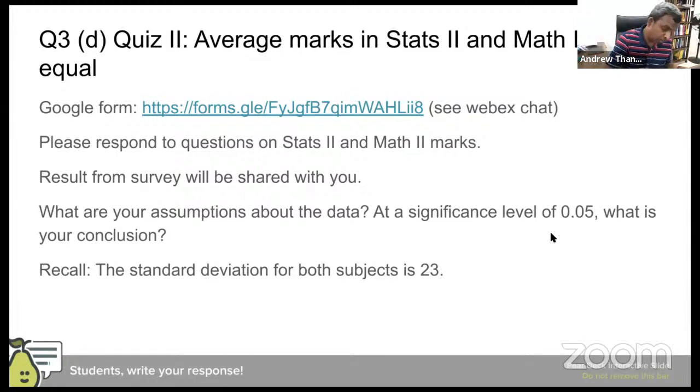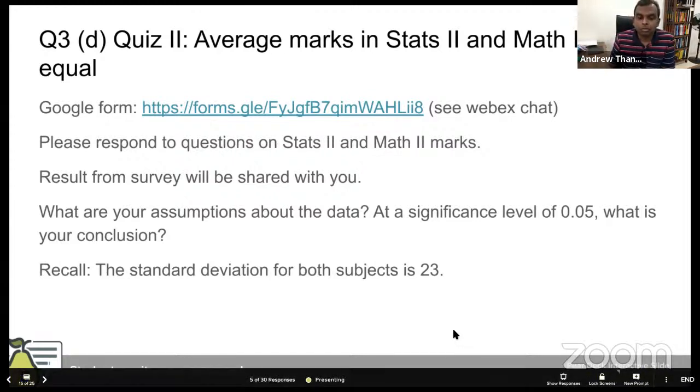Hope my solution to this is not flawed. Okay, people are responding already.